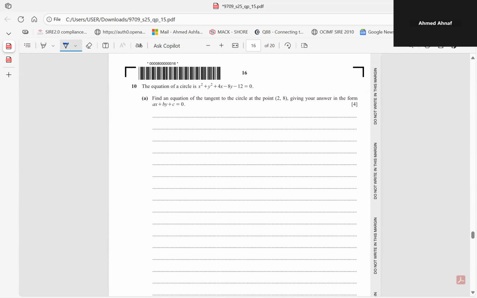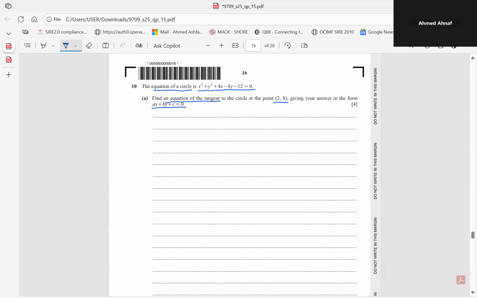Okay, so here we're told that the equation of a circle is this. It's given in the general form. And for the first part, we have to find an equation of the tangent to the circle at this point, giving your answer in the form ax plus by plus c equals 0. Okay, first of all, in order to find this, we have to know what the center of the circle is.